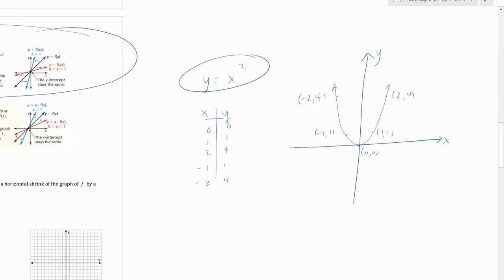There's my parabola. I don't know if y'all know that word yet, but that's what we call that shape, a parabola. It's a quadratic function. It looks like that. That's the parent shape, or the parent function when we get to quadratics.